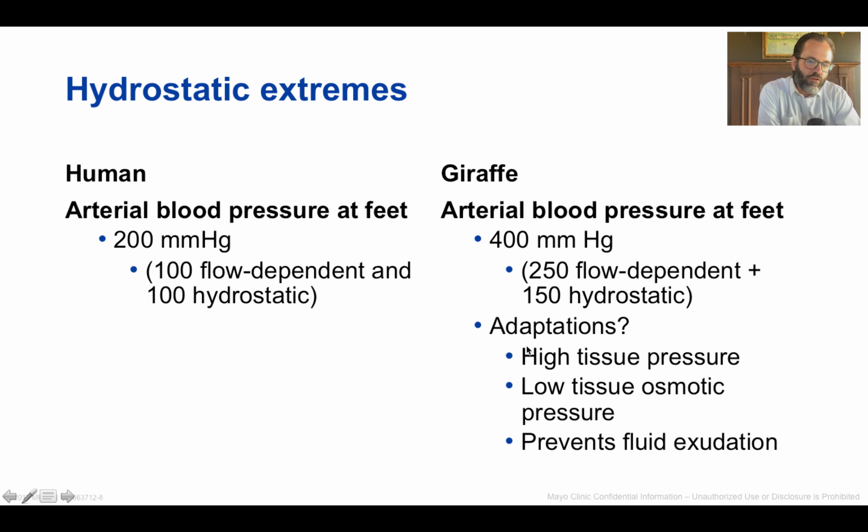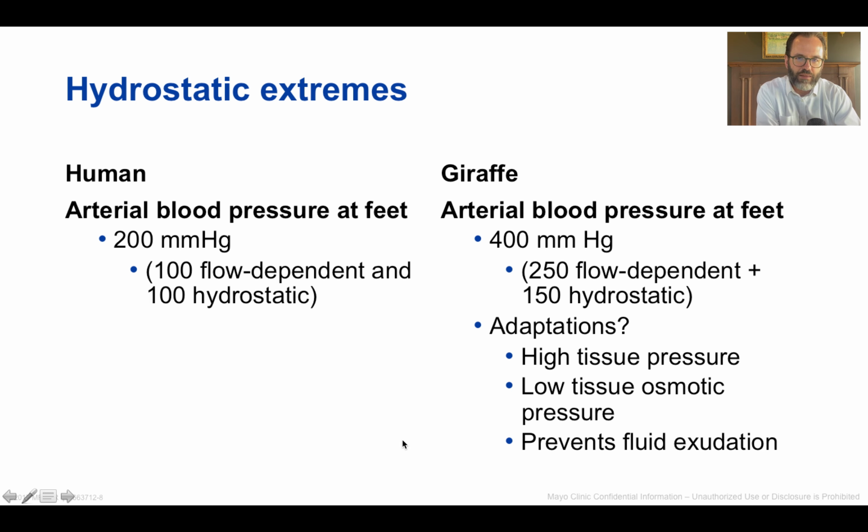The adaptations that largely occur there, if you think through it, well, they say on the one hand they have very high tissue pressures, right? And they have very low tissue osmotic pressures. So that combination in and of itself prevents fluid exudation into the interstitium, right? And of course they've got very tight skin and very thick skin. So that tissue pressure is enabled by having that relatively tight surroundings and of course low tissue osmotic pressure.